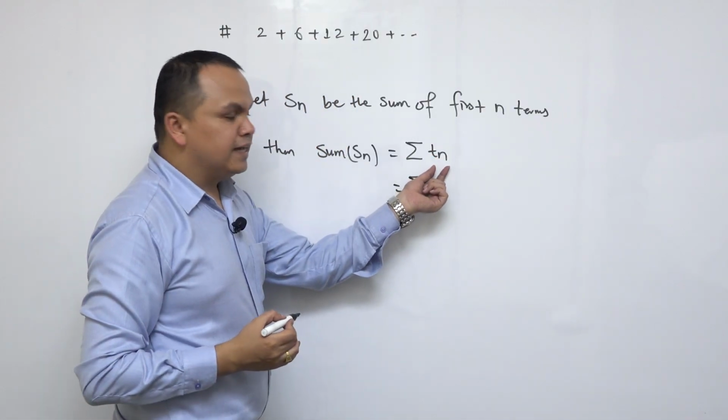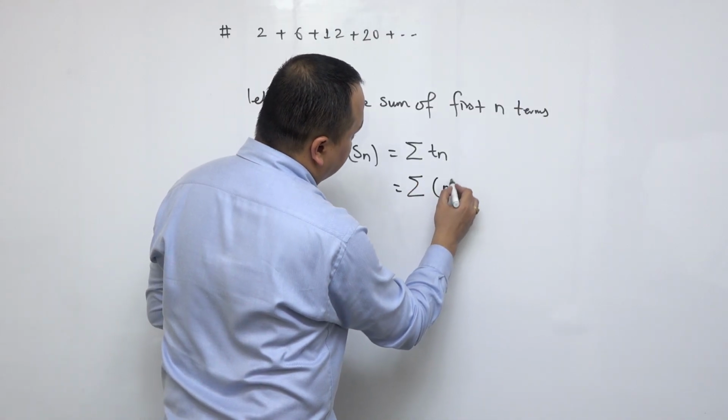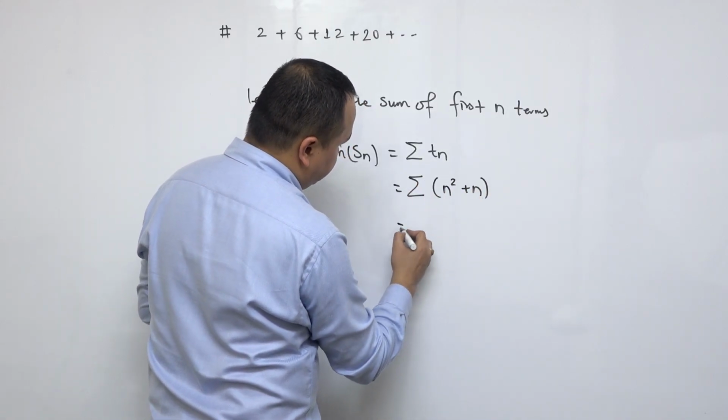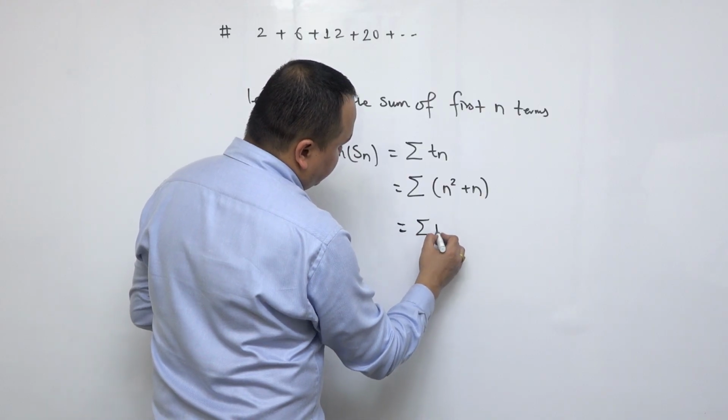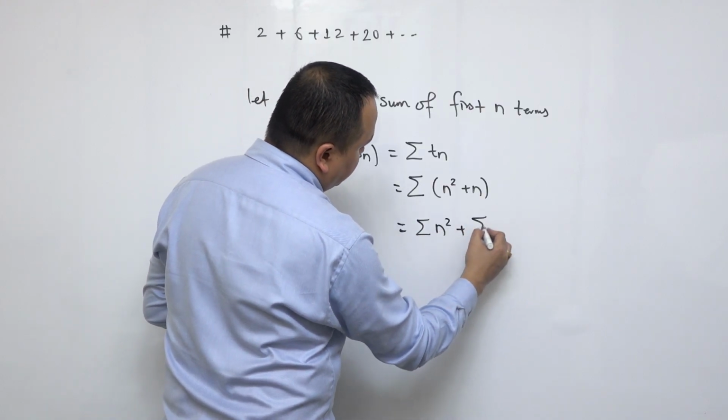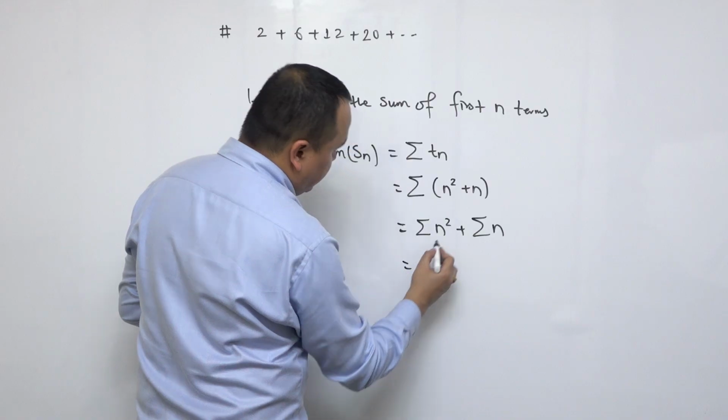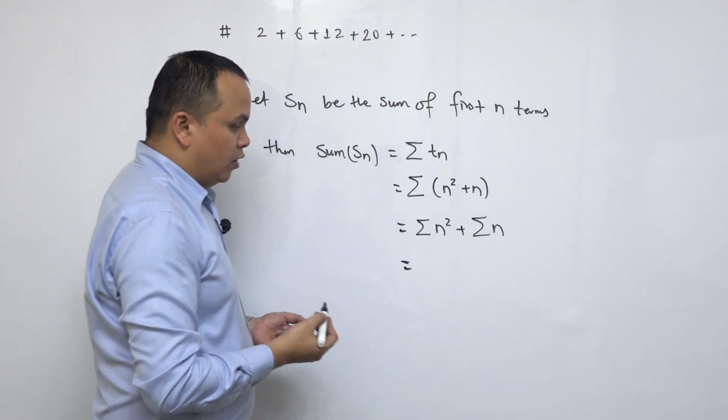Here we have Tn is n square plus n. The summation of n square plus summation of n, where n runs from 1 to n.